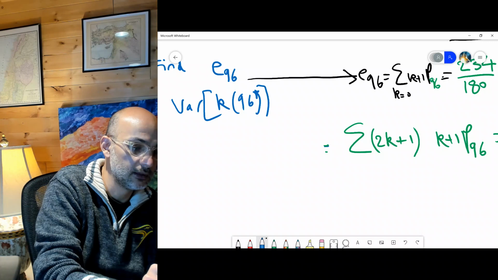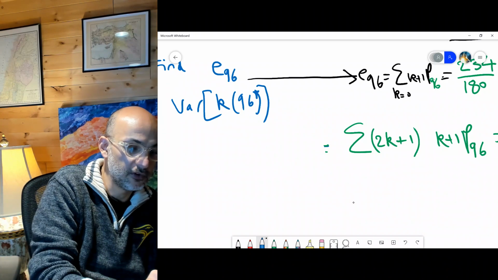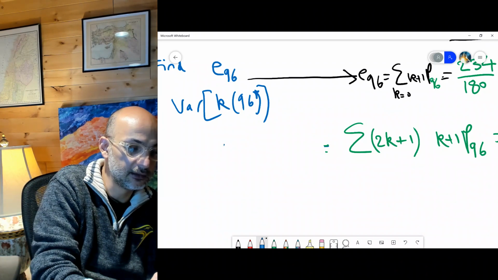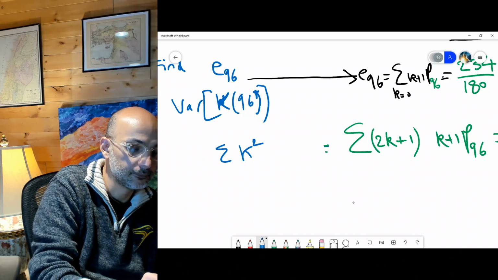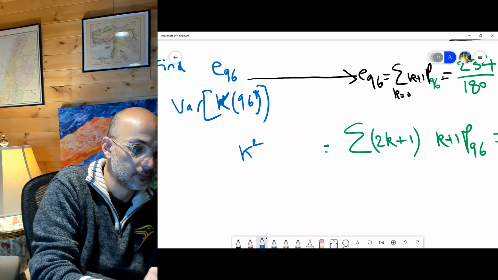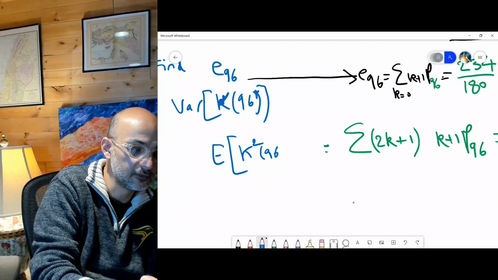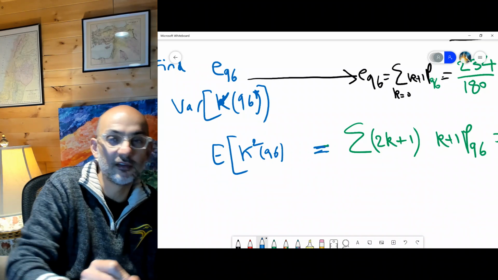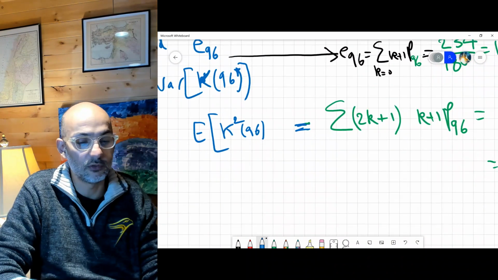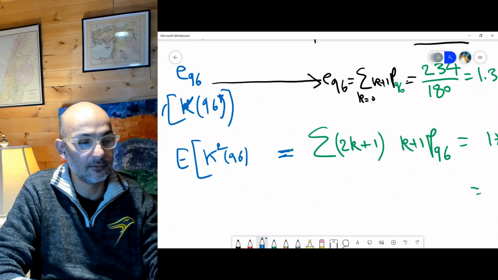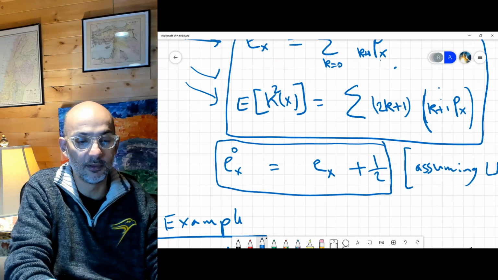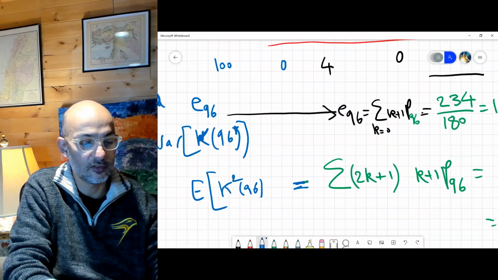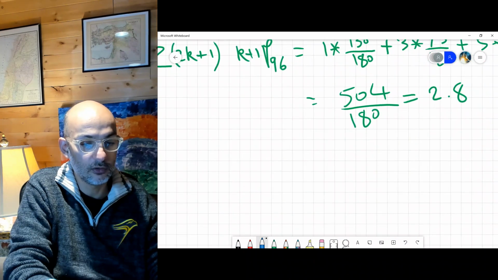In order for us to find the variance, we need first to find the expected K squared of x equals 96. This is the second moment, not the variance, the second moment, right? So what we calculated here is the second moment, which is equal to 2.8.